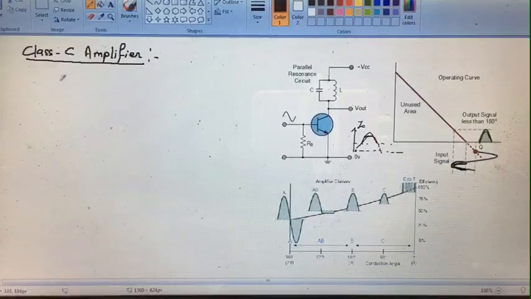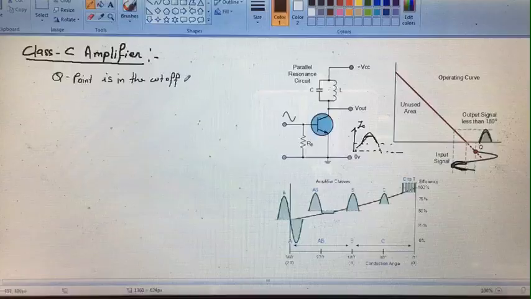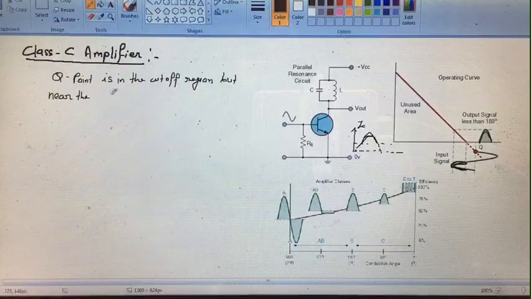So the quiescent point, Q point, is in the cutoff region but near the cutoff point.